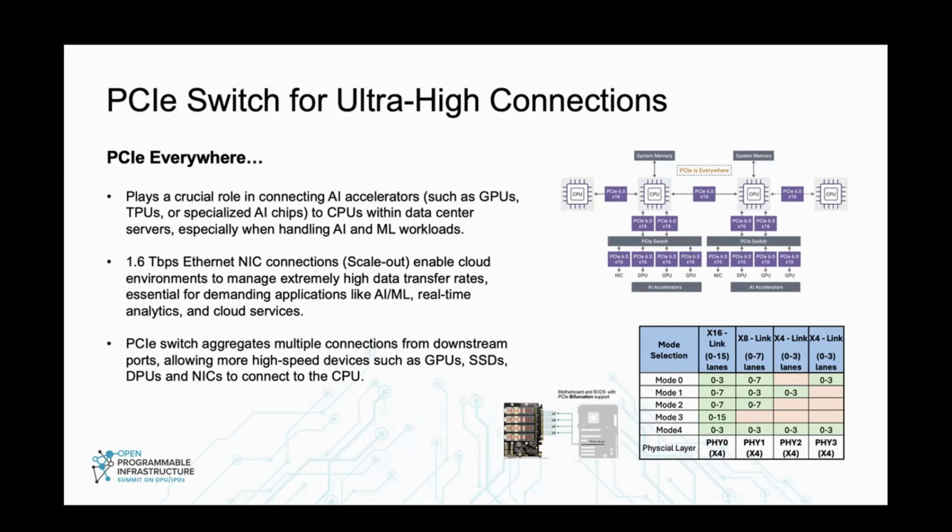In the other scenario, I would like to turn on PHY 0 and PHY 1, turning off PHY 2 and PHY 3, and operate at mode 2. So what happens is it grabs lanes 0 to 7 from the X16 link, and then 0 to 8 from the X8 link, and still operates at the X16 link configuration. So there is added flexibility here. This is very important to understand when we are talking about switches.